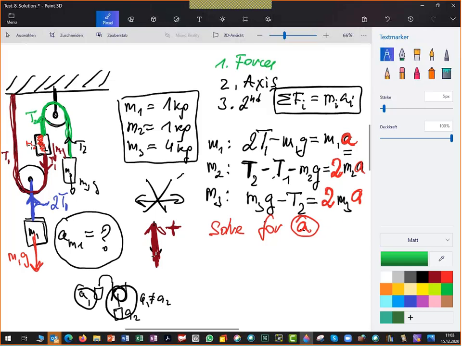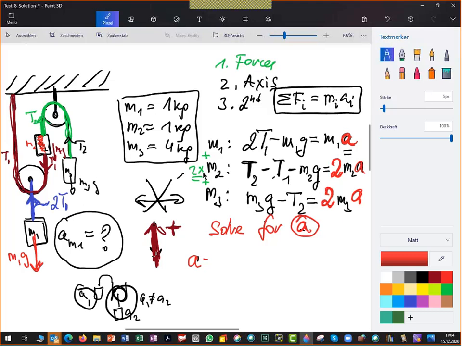I will add to it the equation number 2, but before I will double all the values here, left and right, and then I will add the equation number 3 to them, but also I need to double all values. Do I need? No, I will not double. So I will add just this. So I will just add them all, this plus this plus this, but all values here I will need to double.